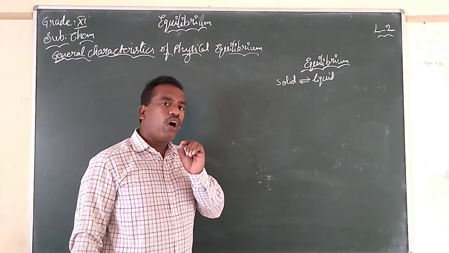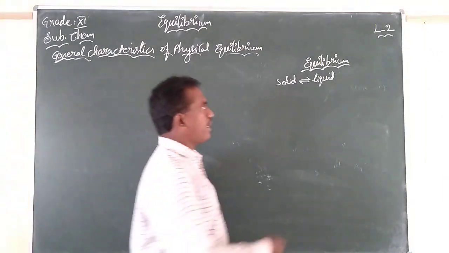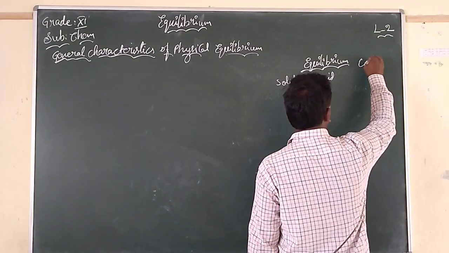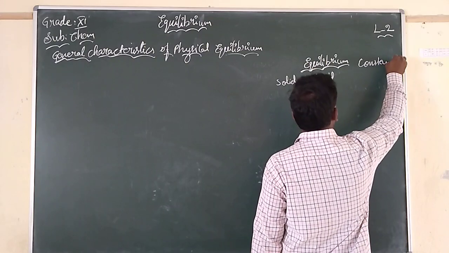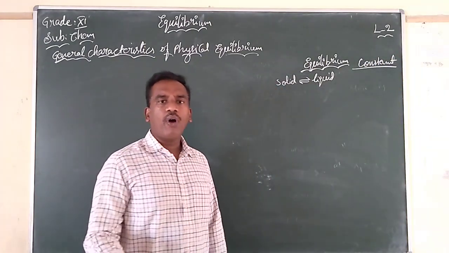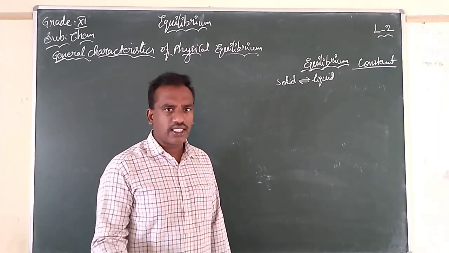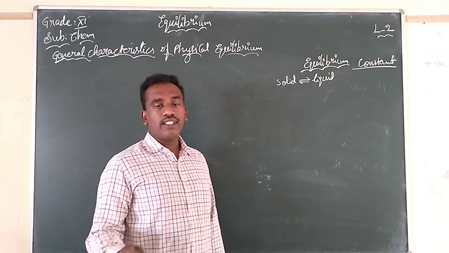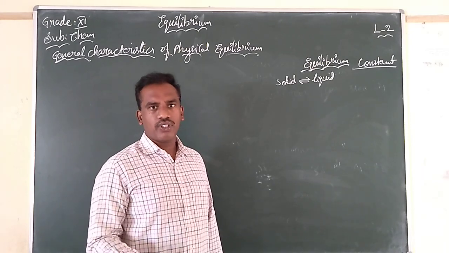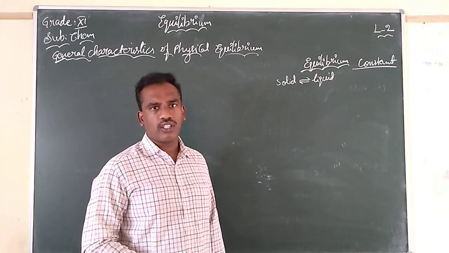So, what will be a constant value during the reaction? Now, what is the melting point of water, children? Everyone will say 0 degrees Celsius. Ice cube will melt into water. Is it not? So, it is a constant. No one can change it.